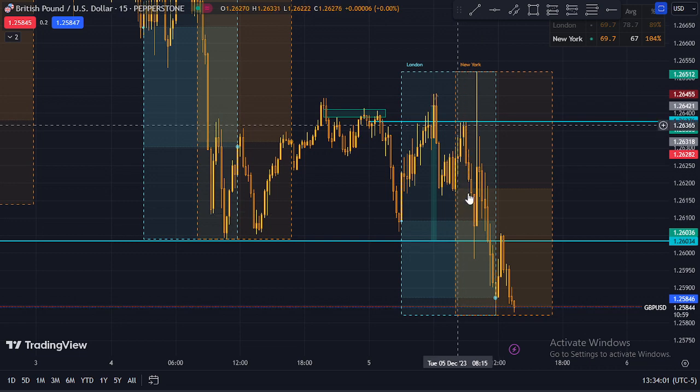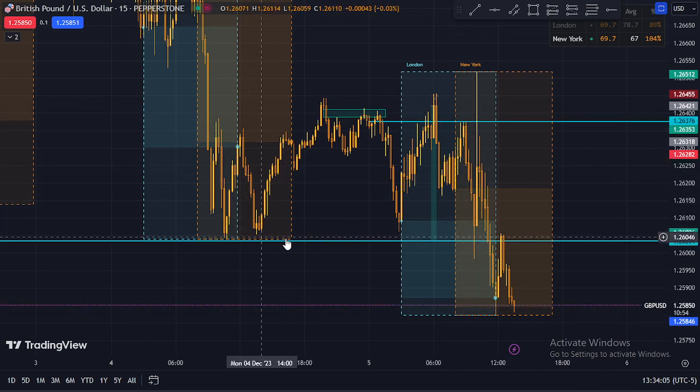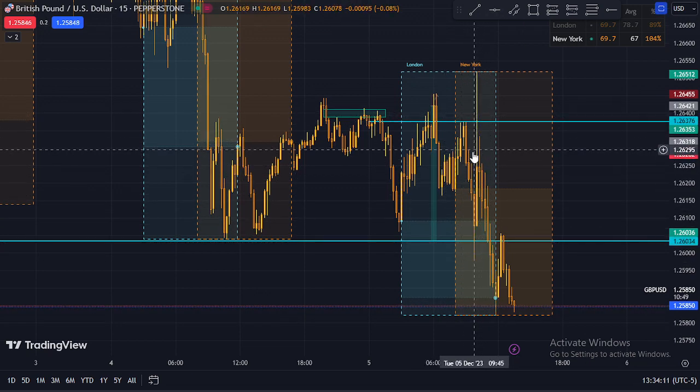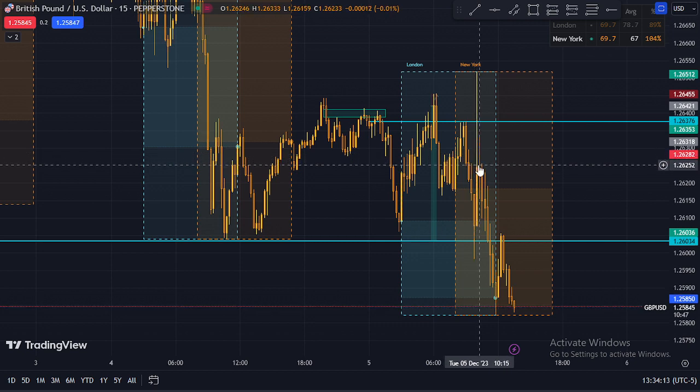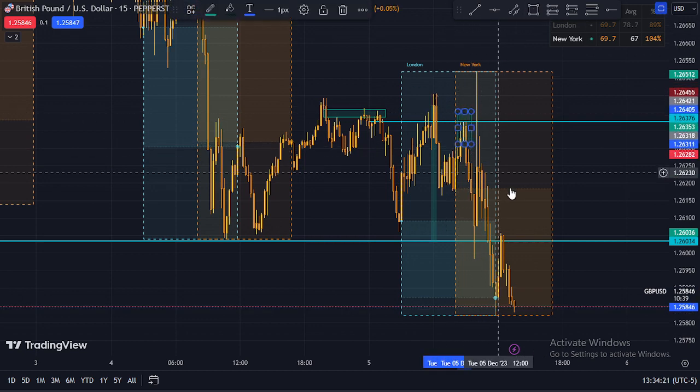This is a silver bullet. Look how fast it went down, taking the sell side and then reversed. This was the news that came out at 10. So we'll jump right into this and see how you could have framed some entries from there.